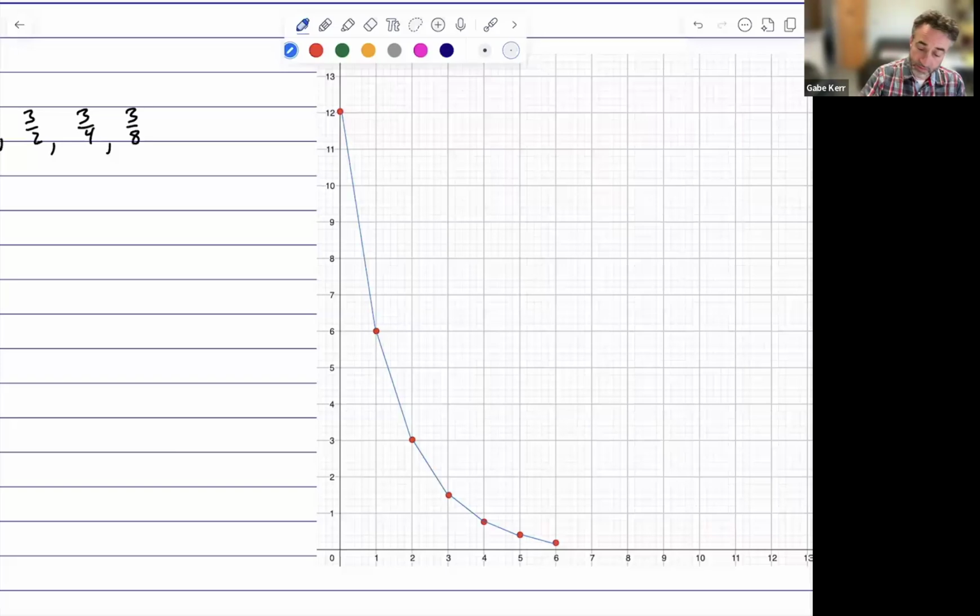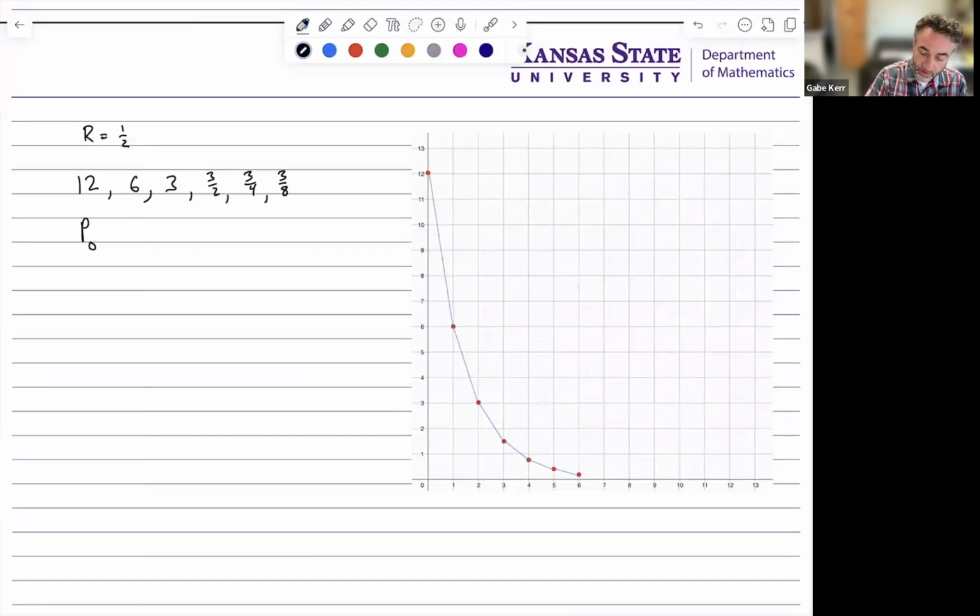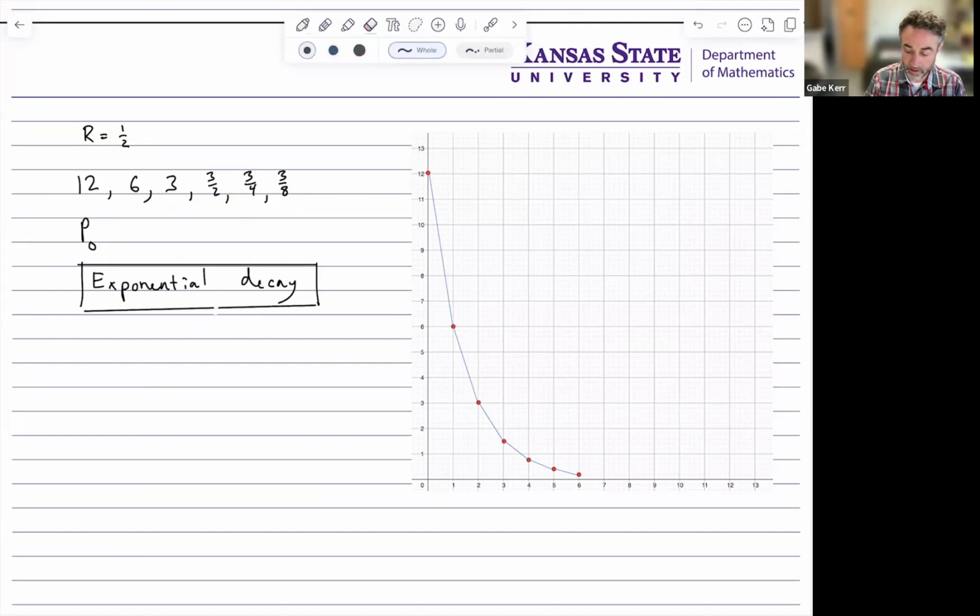And this is known as exponential decay. So we talked a second ago about exponential growth, but here we have this notion of exponential decay. This is a common type of population, or commonly modeled when you have something like half-lives and things of that sort.